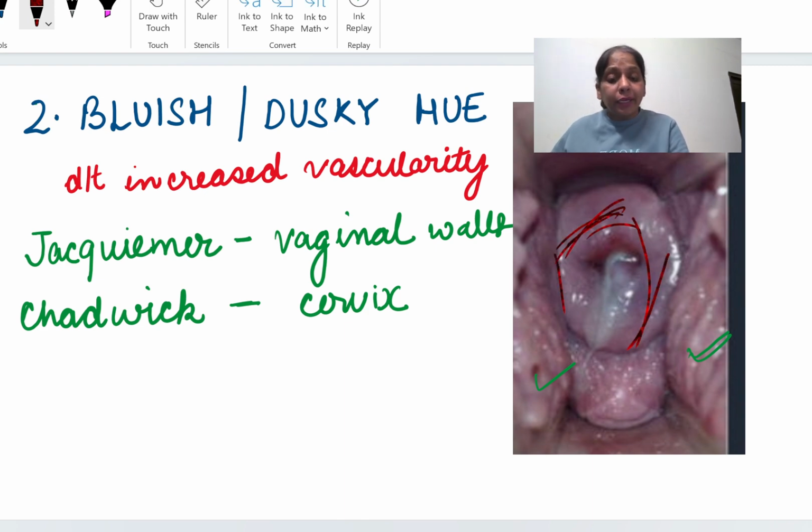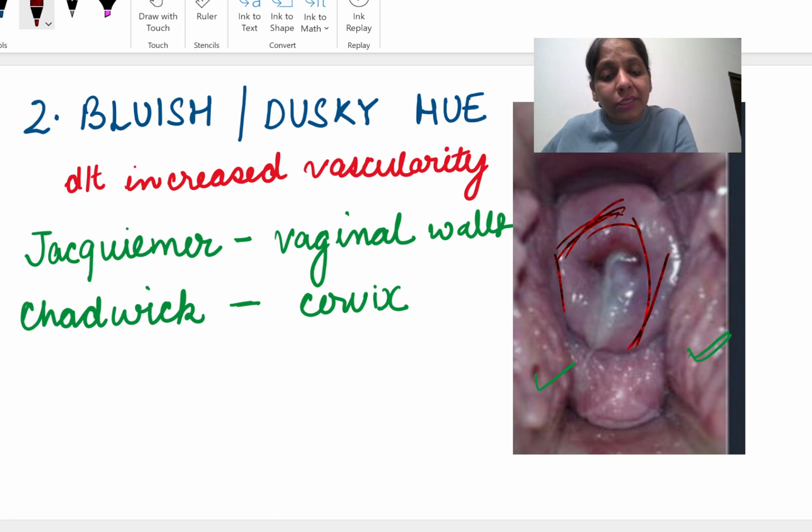If the vaginal walls are blue, then it is known as Jacquemier sign. As you all know, bright colors, the fluorescent colors, are known in Hindi as jatak. Have you worn a jatak color, bright colors? So Jacquemier means jatak, and Chadwick sign means bluish tinge of the cervix.